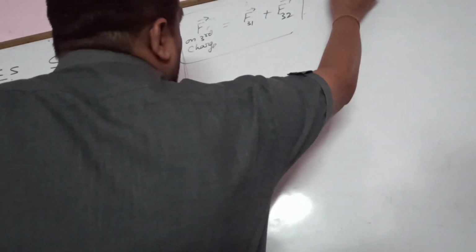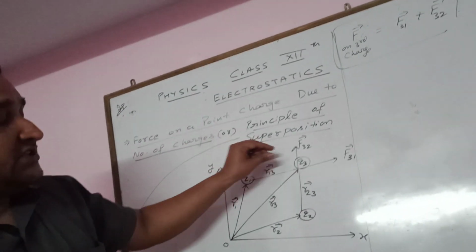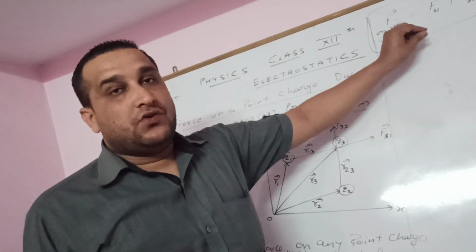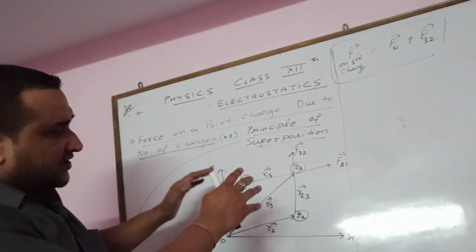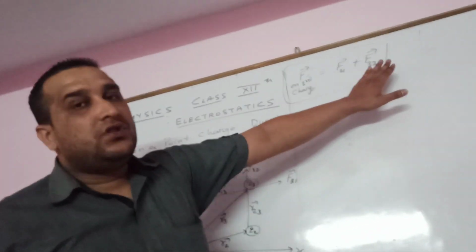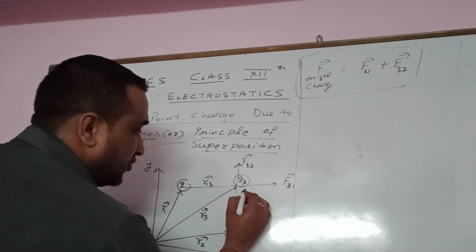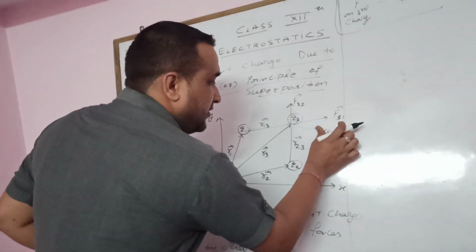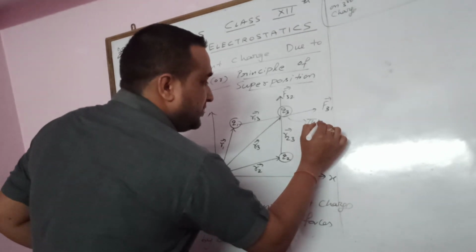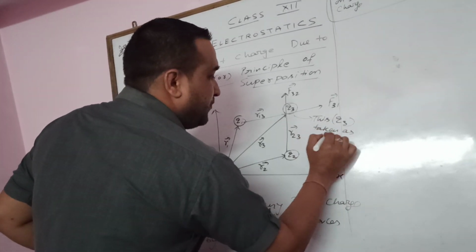Both forces are applied on the charge Q3, so we take only the vector sum. If there are extra charges, we take the force due to each on that charge and add up all the forces on the point charge. Here Q3 is taken as the point charge.